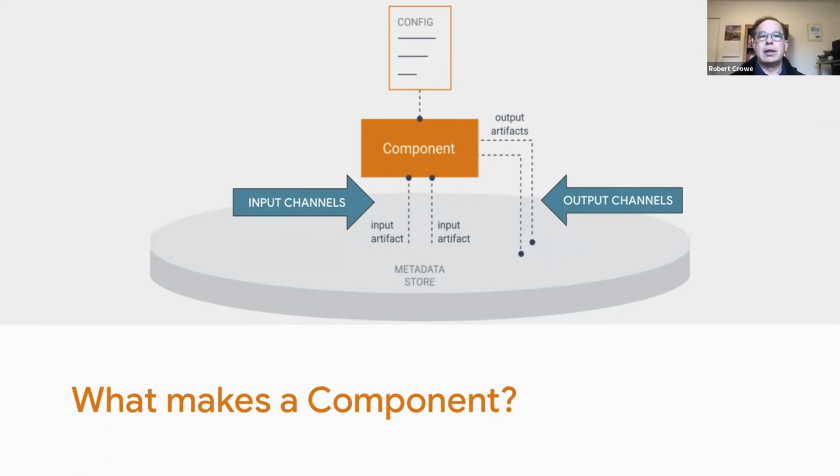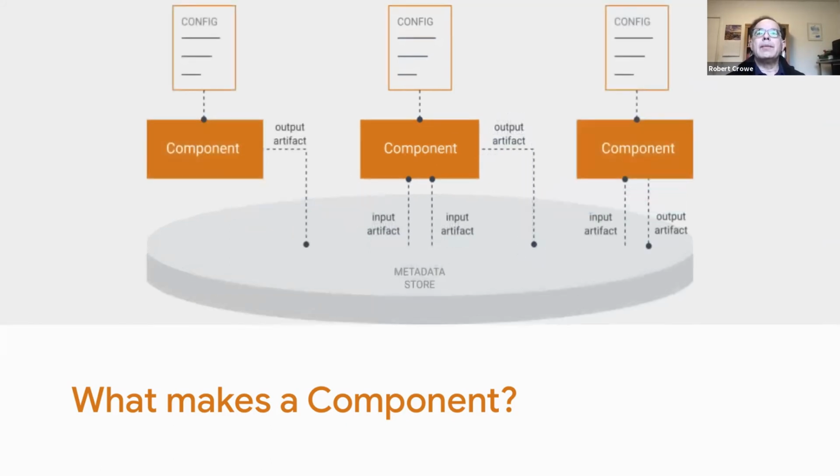But in fact, the way that that's abstracted, you're really not even worrying about metadata at all. You're just reading input and writing output. So that's how components communicate with each other. And that's how data flows through the pipeline. So an upstream component generates a result. Those are artifacts that flow into metadata and then are retrieved as dependencies for the next component downstream and so forth. So that's how data flows through the pipeline.